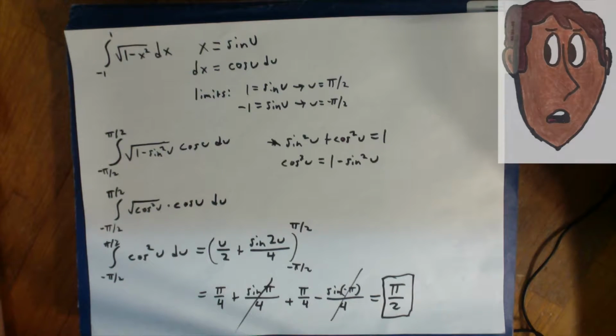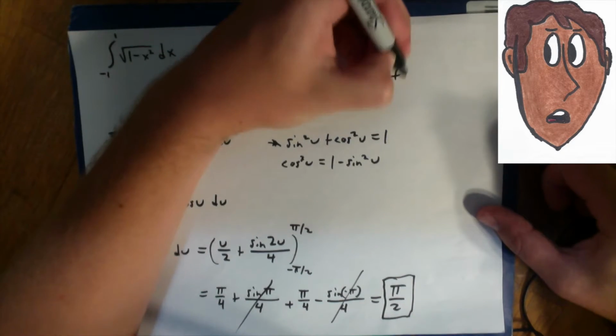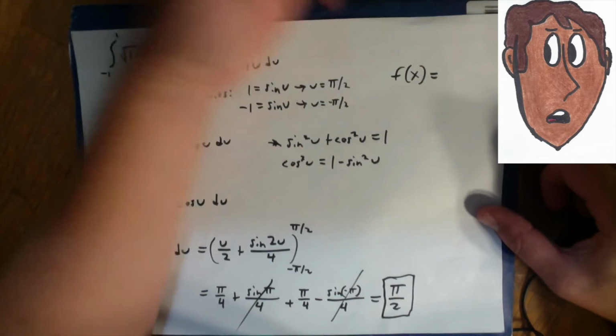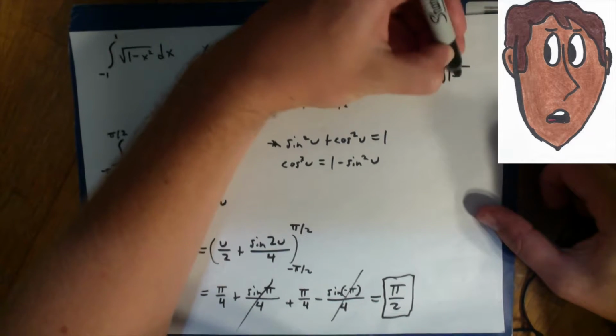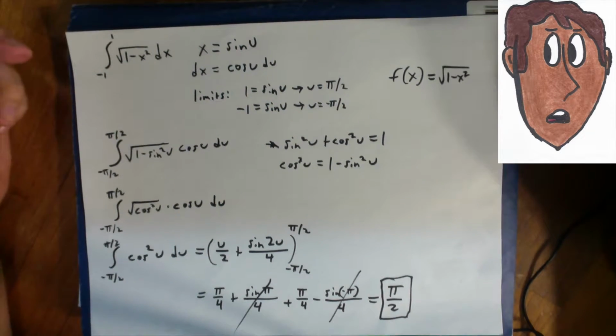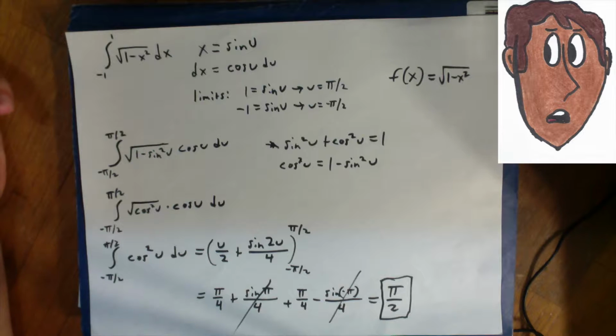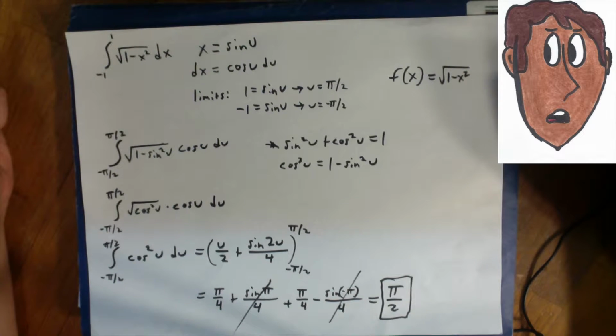Our original function, if we could call it that, was f of x equals square root of 1 minus x squared. And if you recognize that, that's actually the equation for a hemisphere, a semicircle actually.